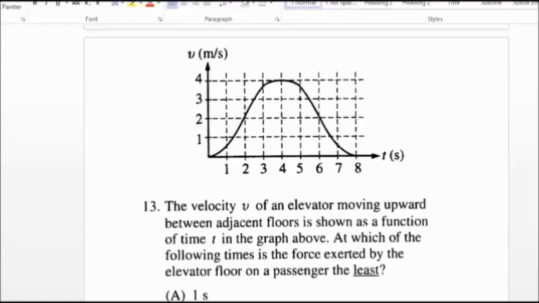Then we find at t equal to 6 seconds a steep fall in the velocity, indicating that the change in velocity is maximum here. That means the force exerted by the elevator is the least. So gravity is acting more, resulting in maximum acceleration downward at this point of time. So the answer is t equal to 6 seconds.